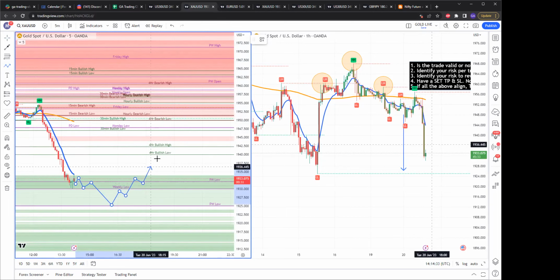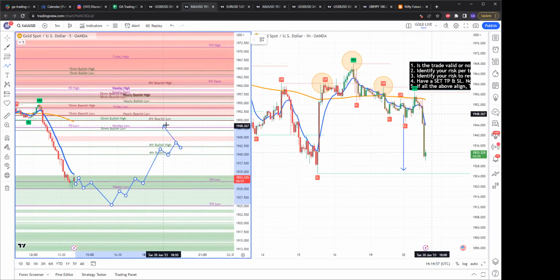And then when gold comes around the 1942-40 area, by this time, for me personally, I will already be in a reversal. But if we do come here and break, close above and retest, gold should shoot up, and maybe this is the last time gold will be somewhere in this area before we start taking off the highs.